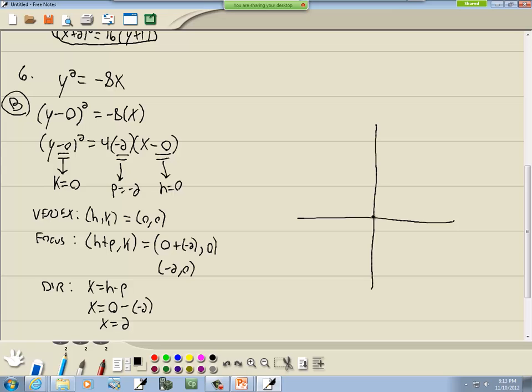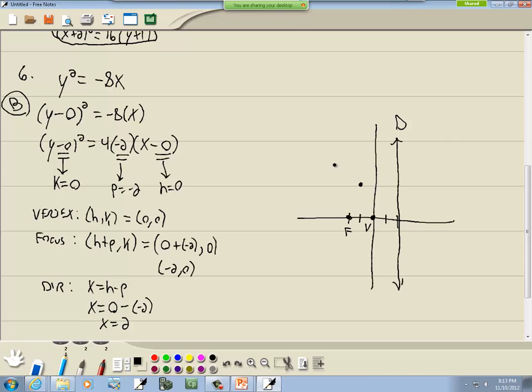So to graph it, our vertex would be 0, 0. Focus is -2, 0, and directrix is x equals 2. Okay, so I'm going to come over here and maybe right there.